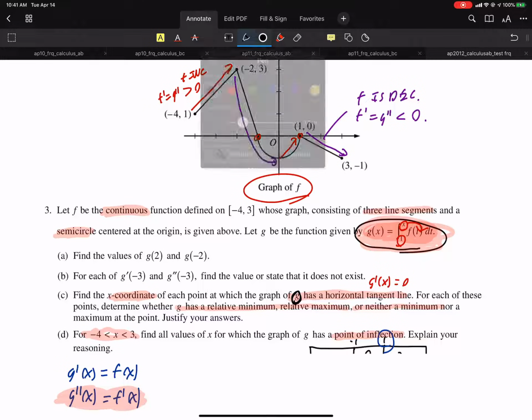So here let's do blue. Okay, we'll do the red, because we're doing the red parts of the graph.